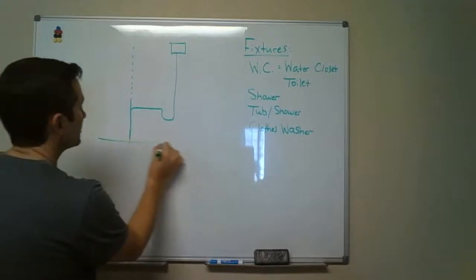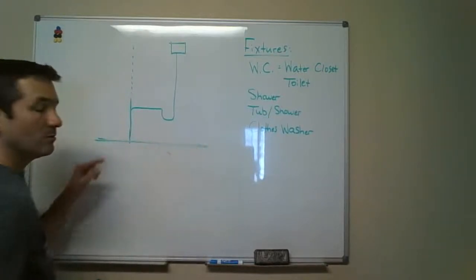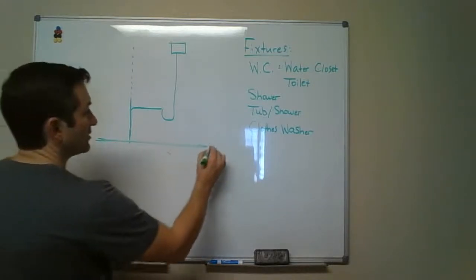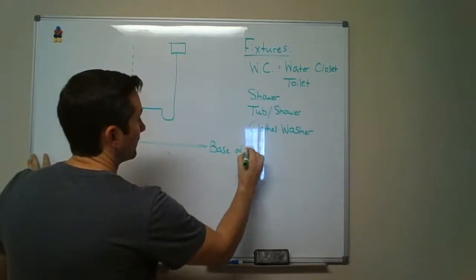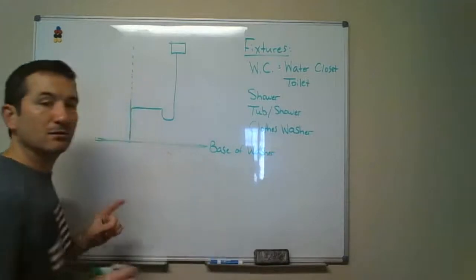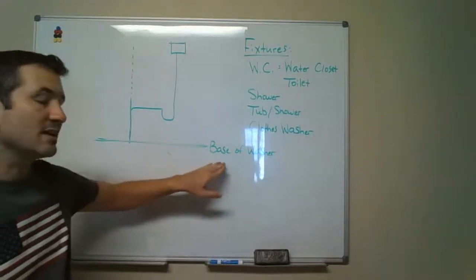Now let's say that's where it goes through the floor, but we're going to call that the finished floor that the clothes washer is going to sit on. This clothes washer is going to sit on this, so we're labeling that the base of the washer. Often the base of the washer is sitting on the finished floor, but I just want you to know the code says base of the washer.